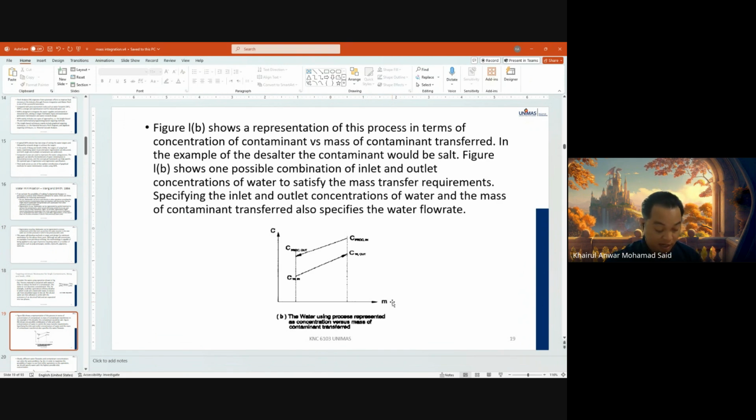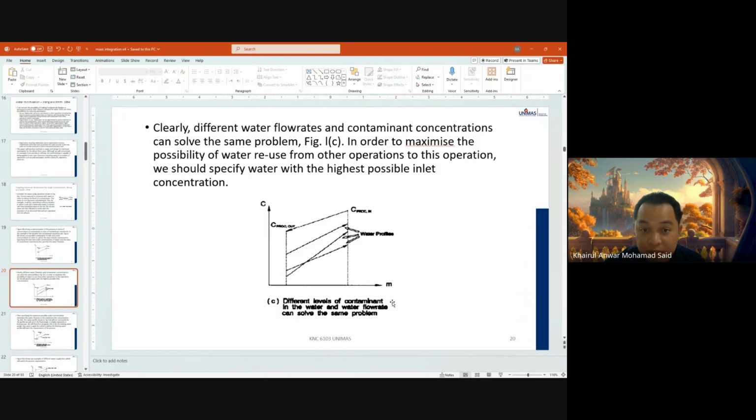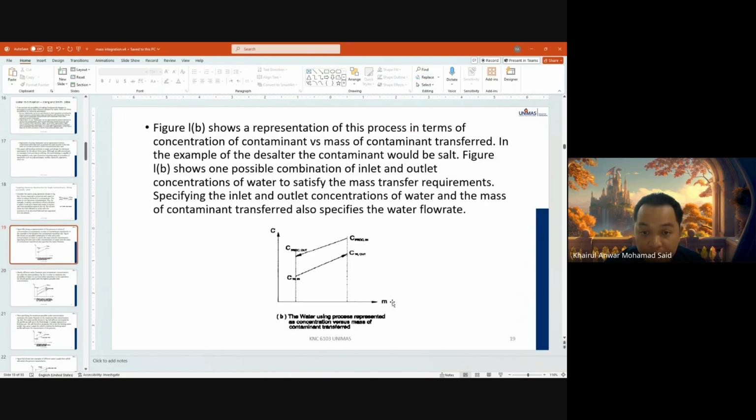We refer to that as C in max, and let it exit at the maximum possible outlet concentration, C out max.